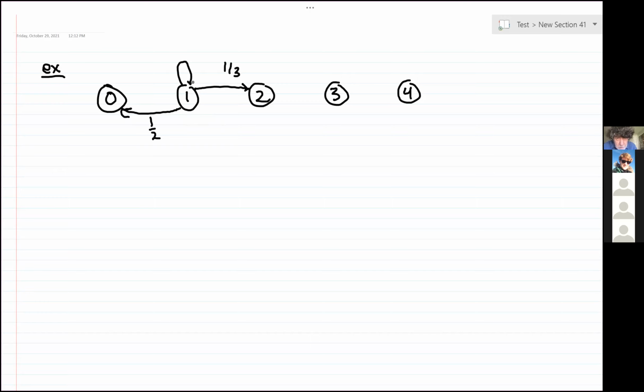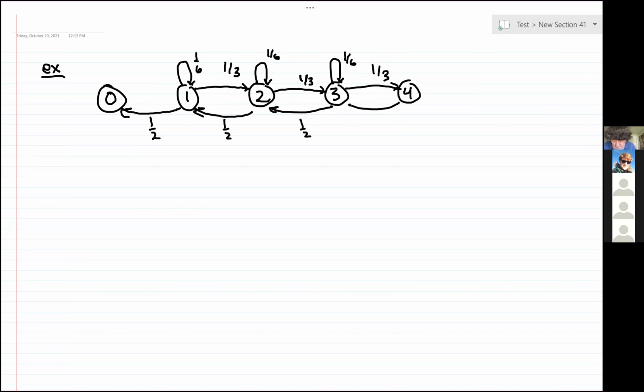The chance of looping is always 1/6. 1/2, 1/6, 1/3. 1/2, 1/6, 1/3, etc. 1/2, 1/6, 1/3. Keep going.